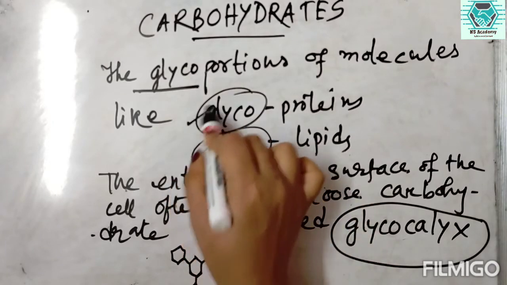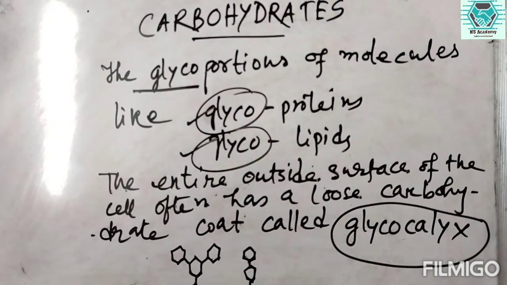So these glycoportions which constitute the entire outside of the membrane and the surface of the cell, these are called actually the loose carbohydrate covering, and there is a special name which is called glycocalyx.